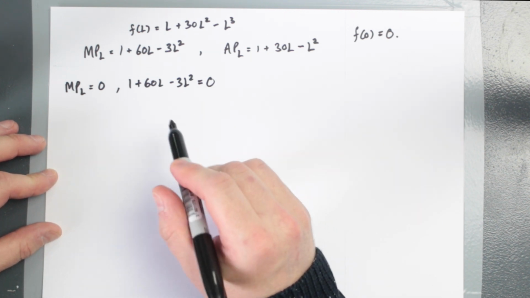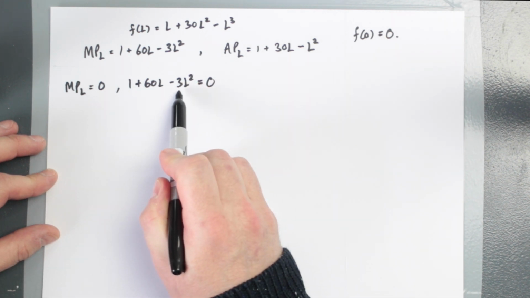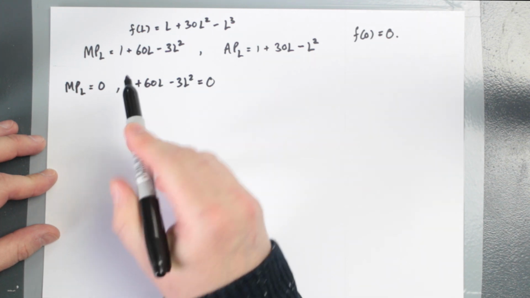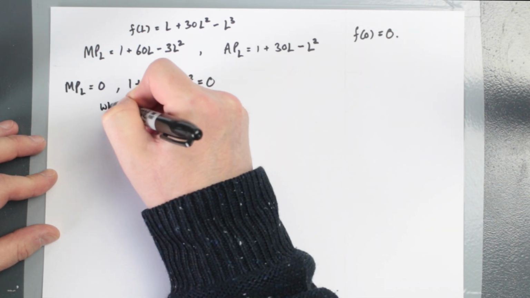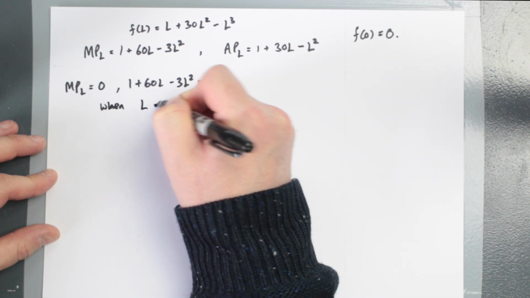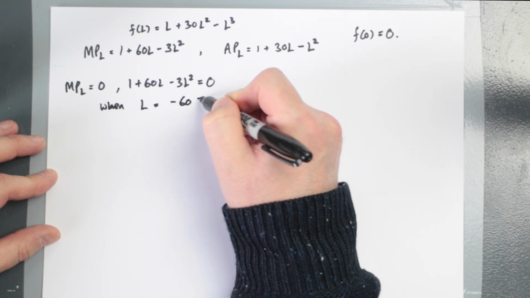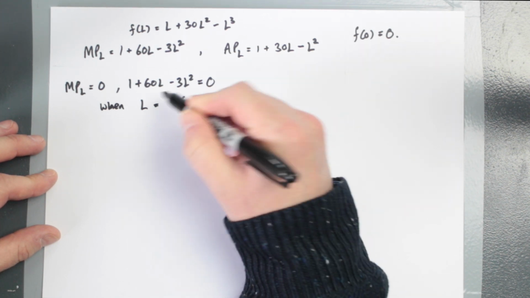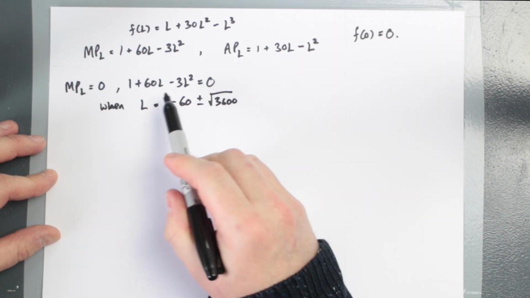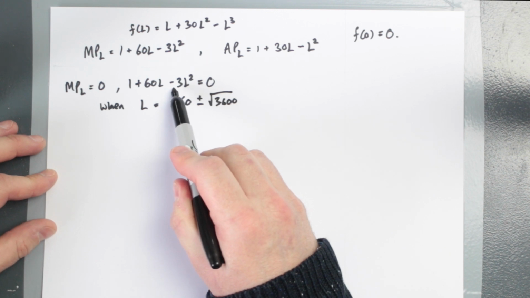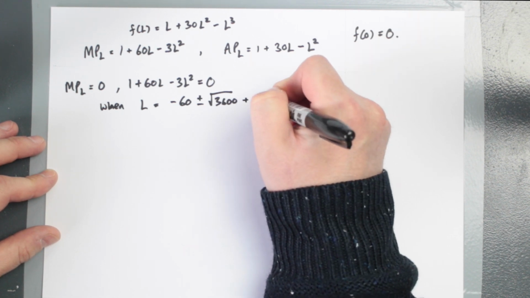So if we were to use the quadratic formula, let's just remind ourselves, if this is the A, this is the B, and this is the C, then you could use the quadratic formula and say, well, this is 0 when L is equal to minus the B term, so minus 60 plus or minus the square root of b squared, 3600, minus 4ac, so we've got minus times a minus, so plus 4 times 3 times 1, so plus 12.